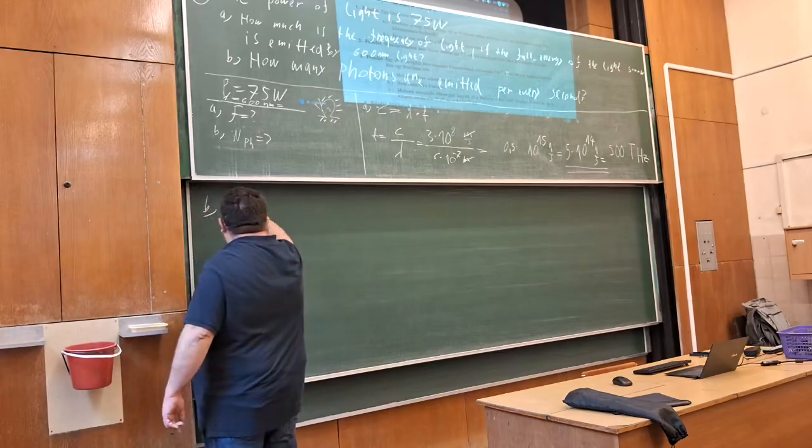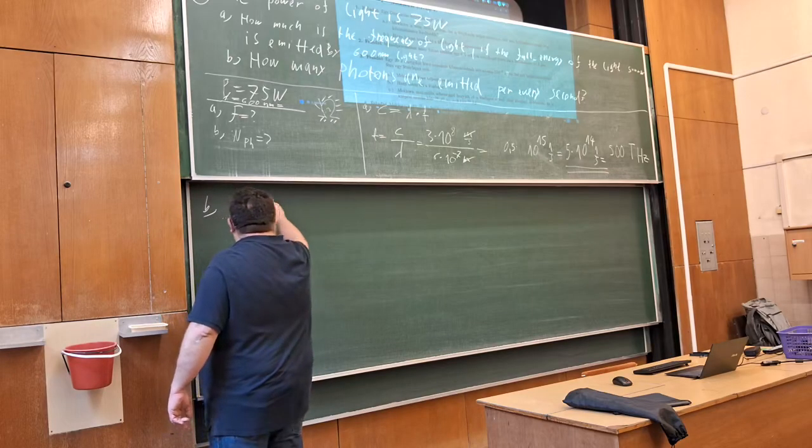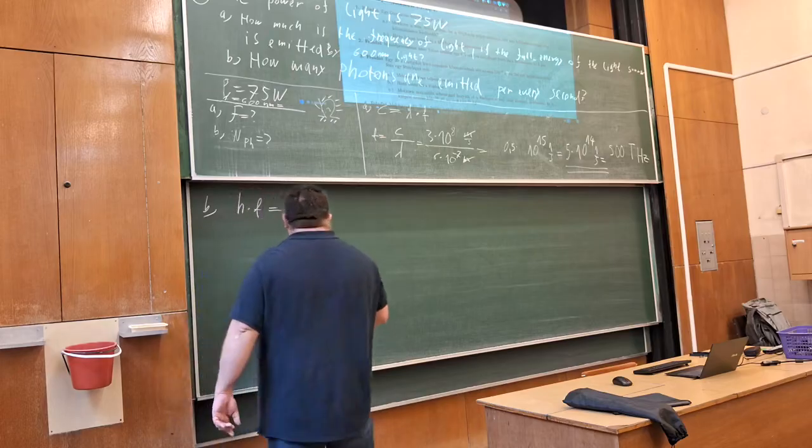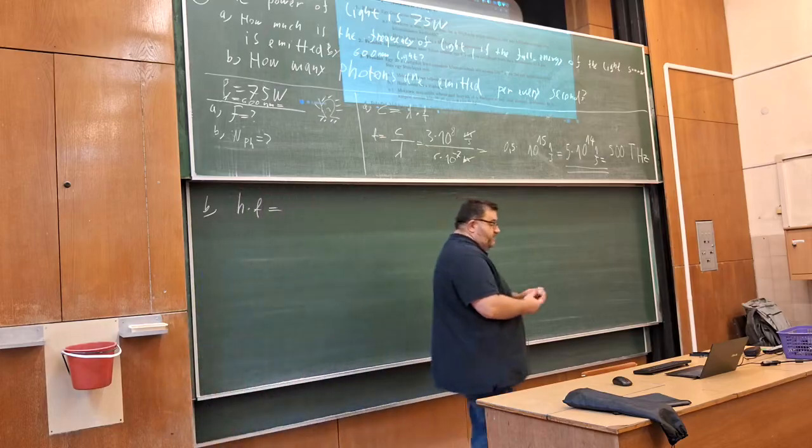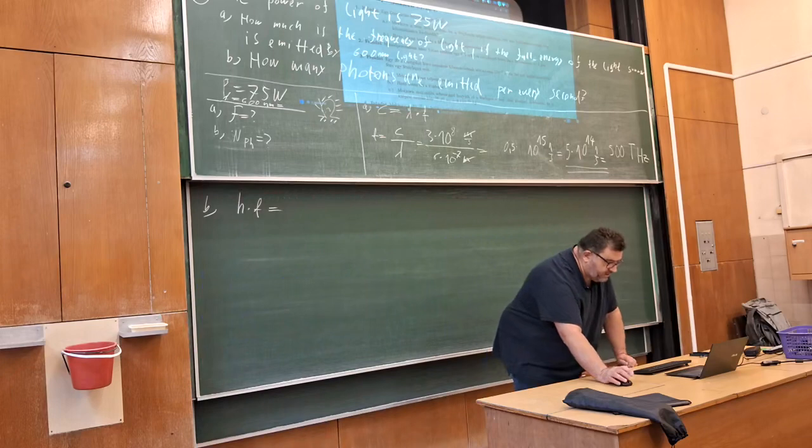So one photon's energy is this one. The Planck constant is something like 6.6. Where is it?